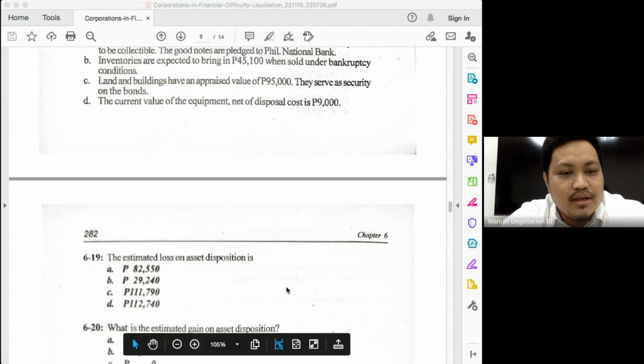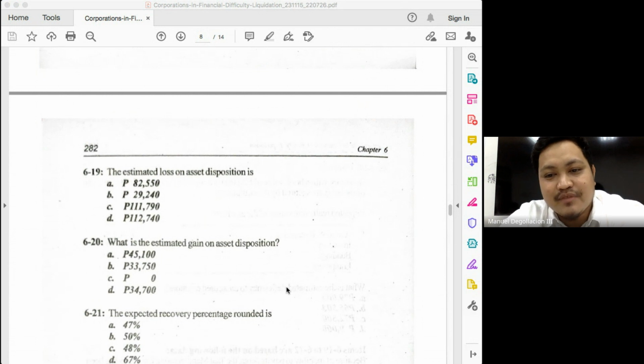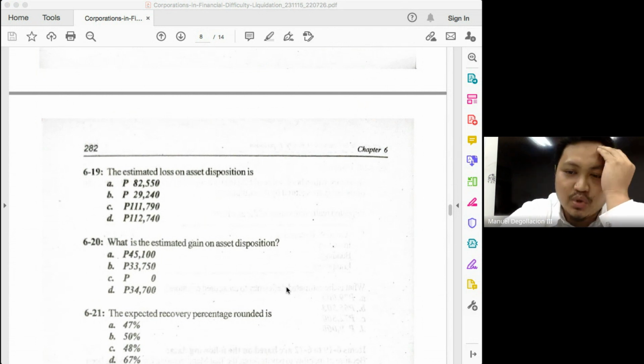And that would be letter D. Can we only have one component for our 6-20, and that would be the difference between 95,000 and 61,250. Okay, and the answer there will be 33,750, which would be your letter B.